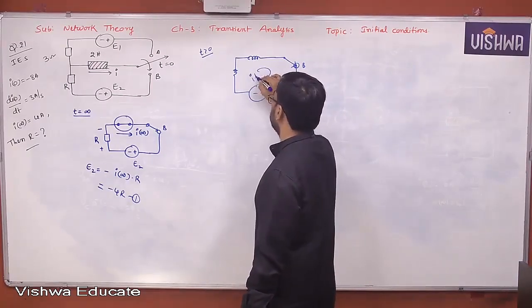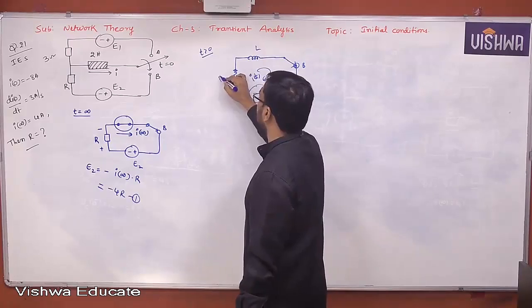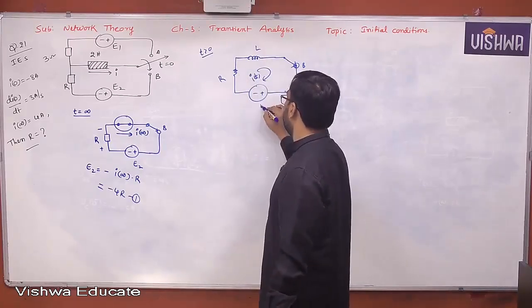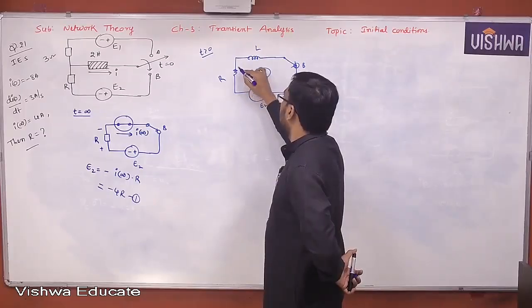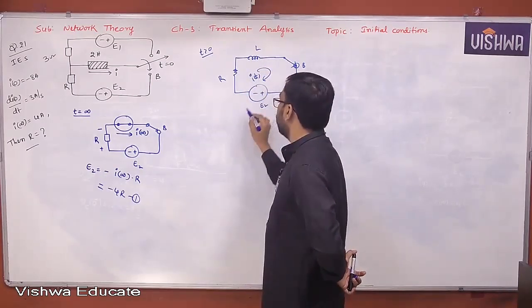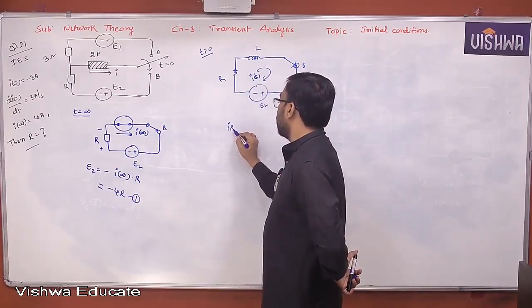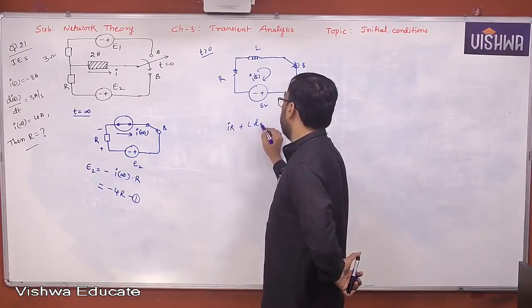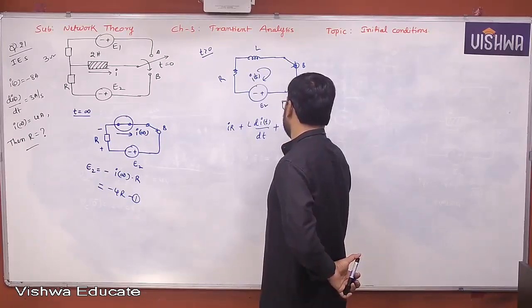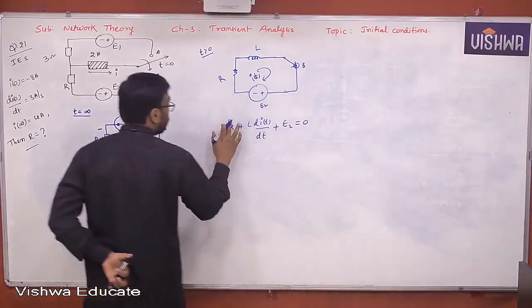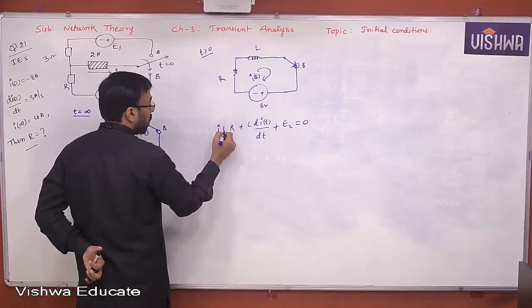I of t, L and R. What do you get? E2. Tell me, what do you get? Minus IR, minus L dI by dt, minus E2. Nothing but IR plus L dI of t by dt, plus E2 is equal to 0. I of t into R.